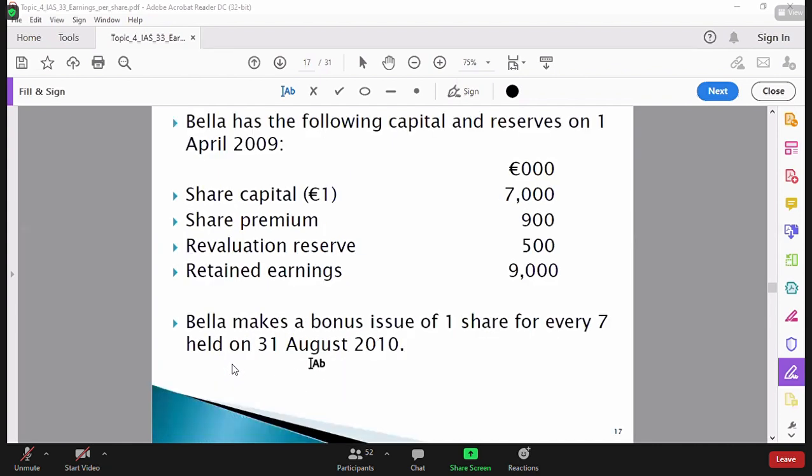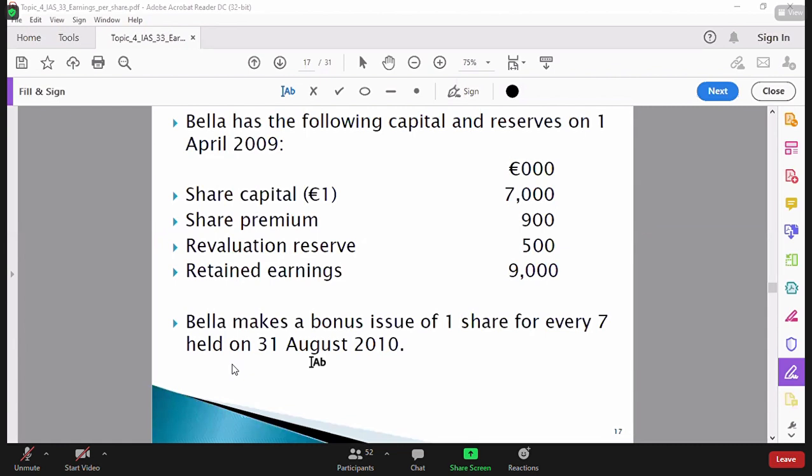The number of ordinary shares in the question is 7 million. How much then? You are all very good at numbers, so let us do the numbers together. You got 10.7 cents.